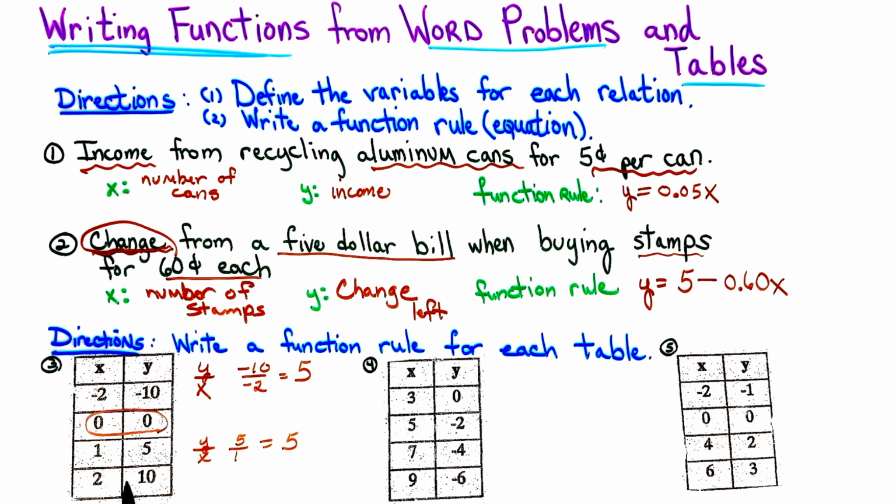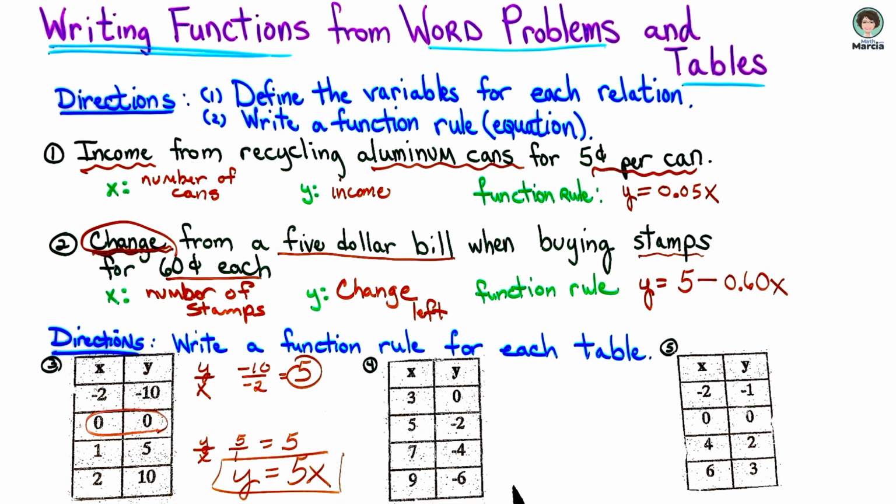Same thing if I did 10 over 2, we know it's 5. So our function rule for this one is going to be y is equal to our rate of change that we found, 5x. This is our rule for that table.